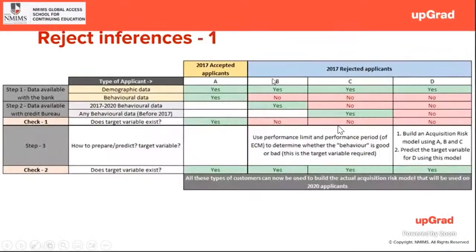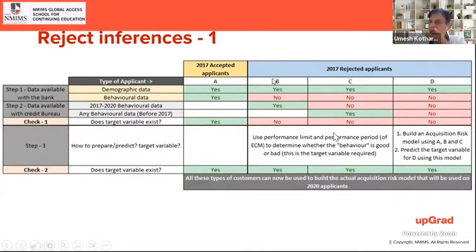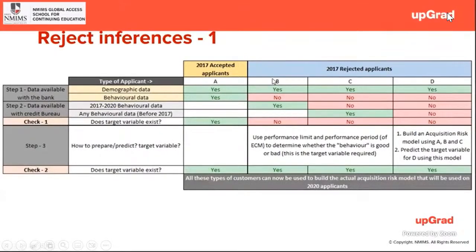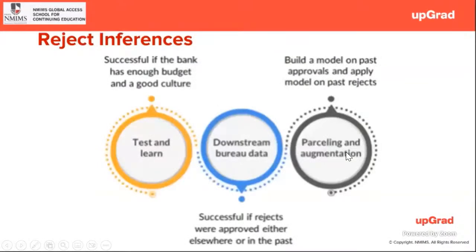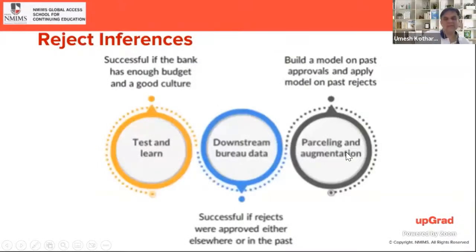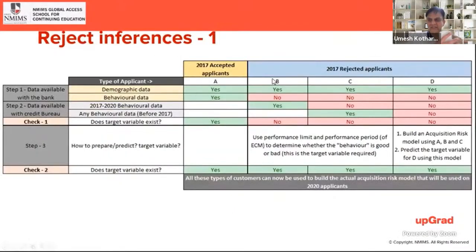Using the credit bureau data. Okay. And what about D? D is using that augmentation based on the model. Okay, which is this one, parceling and augmentation. What aspects do you think were relevant for D to be augmented?